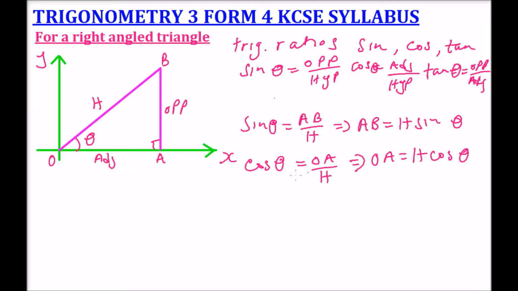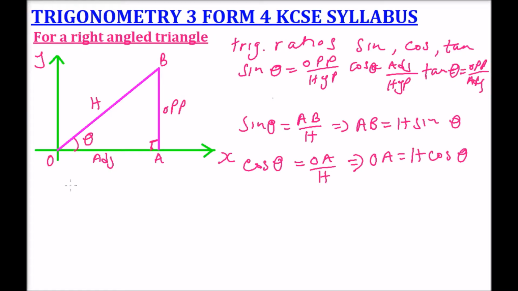Now, having come up with that, we know that the Pythagoras theorem says that the sum of the squares of the two smaller sides is equal to the square of the longest side. So that is what we call the Pythagoras theorem. Let us see how that is going to help us come up with the identity that we want to derive.